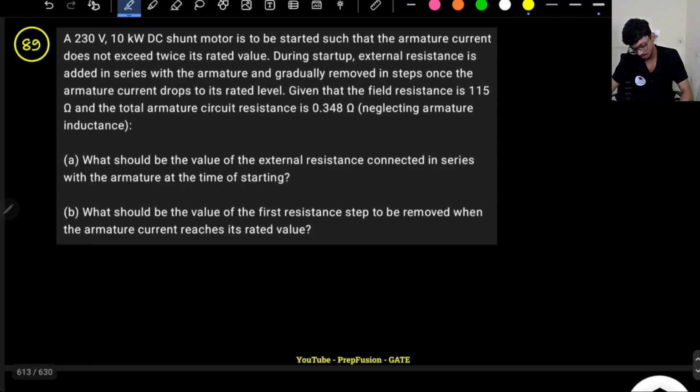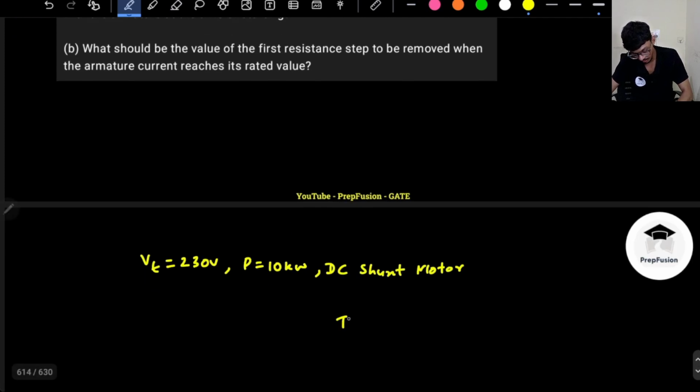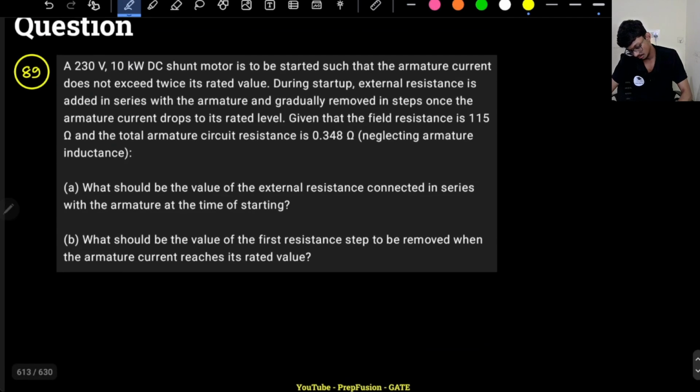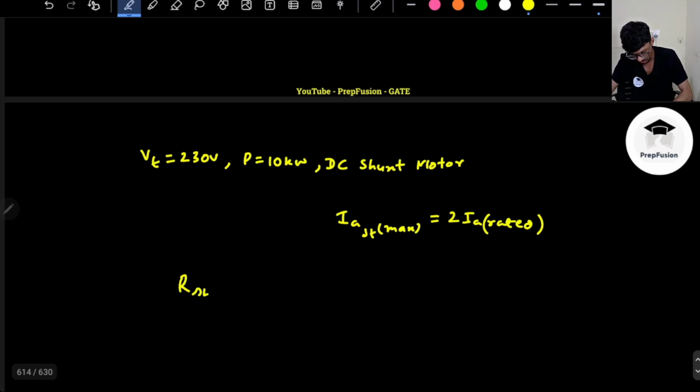It is to be started such that the armature current does not exceed twice its rated value, so the maximum armature current at starting should not exceed twice its rated value. During startup, external resistance is added in series with the armature and gradually removed in steps after the armature current drops to its rated value. Given that the field resistance, the shunt resistance, is 115 ohms.